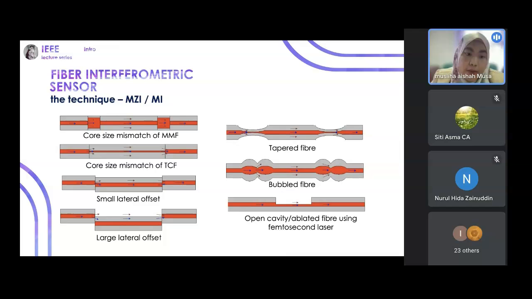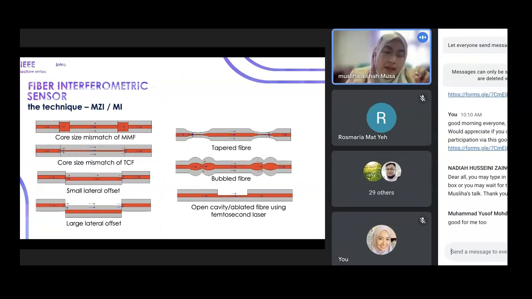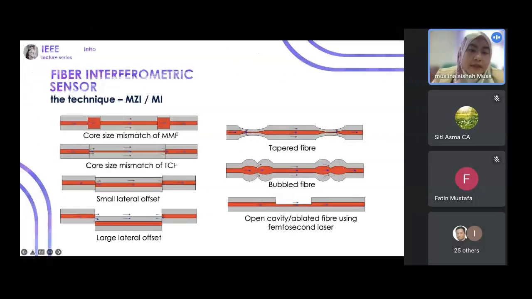Before this, I showed you that for MZI, we need two couplers. So here MZI acts as a coupler where the light travels through the SMF and then splits into the MMF, and then couples back at the second MMF and into the SMF.